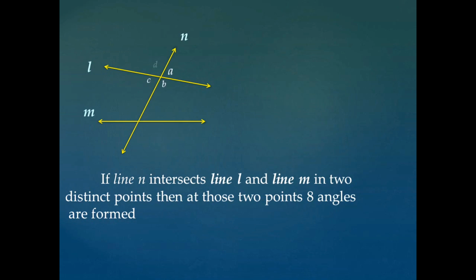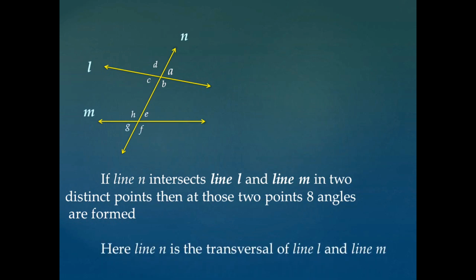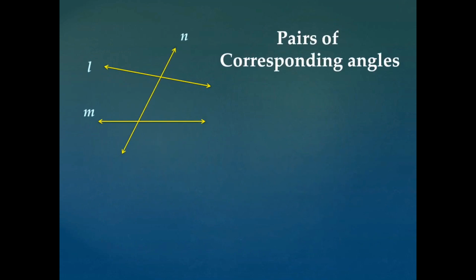That is, at the first point, angles A, B, C, D are formed, and at the second point, angles E, F, G, H are formed. So these 8 angles are formed due to the transversal N which intersects line L and line M at distinct points. We can make pairs of 3 different kinds as we have studied earlier. Now we'll study them one by one.